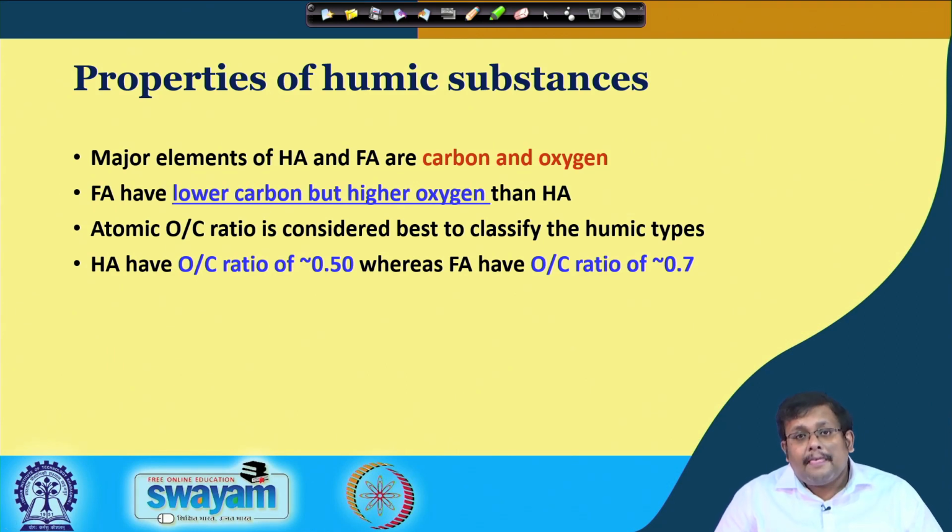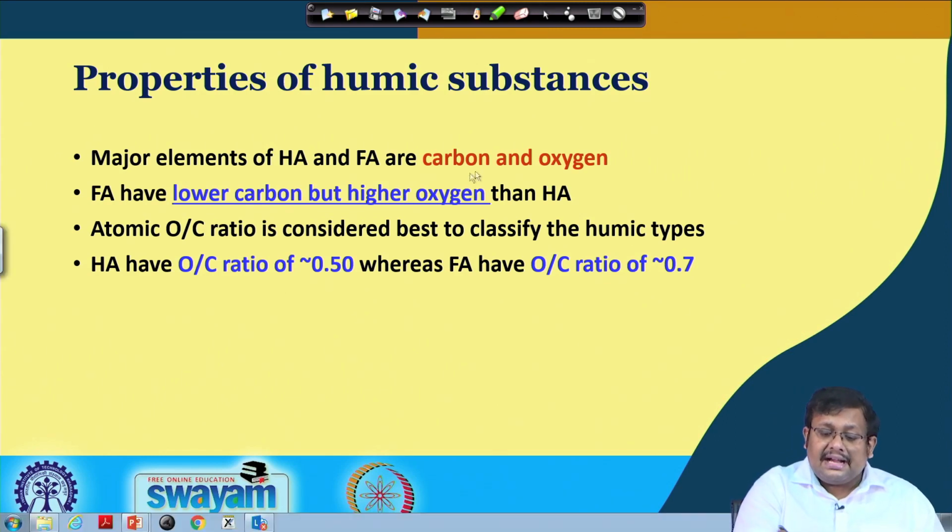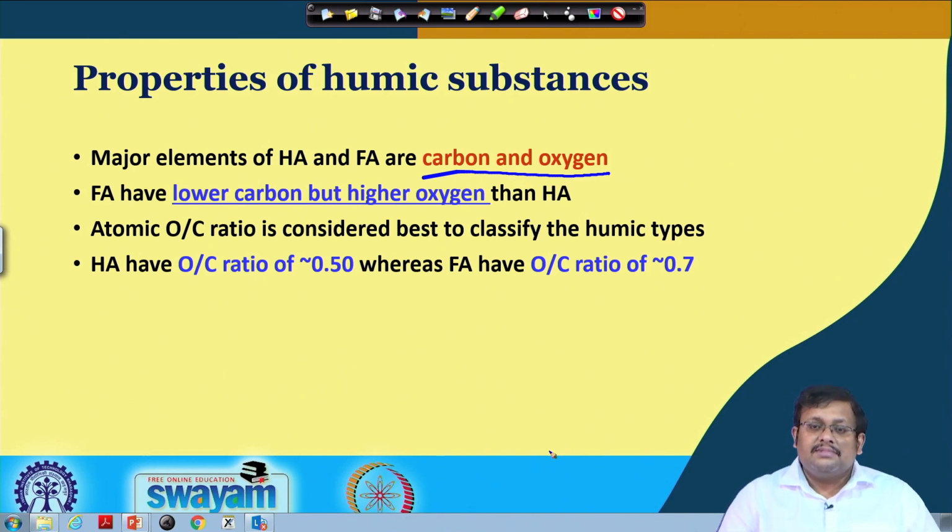As we have seen in the previous slide, the major elements of humic acid and fulvic acid are basically carbon and oxygen, because carbon forms the backbone, and fulvic acid has lower carbon but higher oxygen. Another important criterion generally considered for classifying different humic types is the atomic ratio.